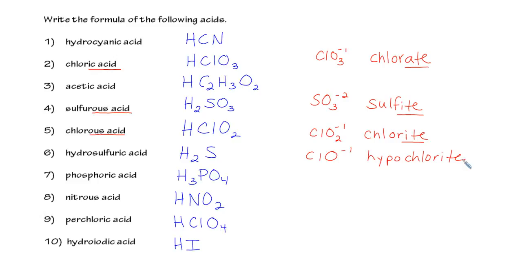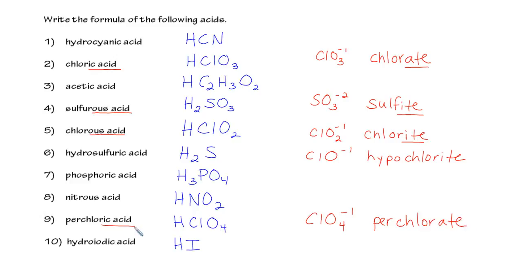This would just turn into hypochlorous acid. And the other option is down here. If I had 1 extra oxygen, we said it was ClO4 minus 1, perchlorate. So it just turns into perchloric acid.